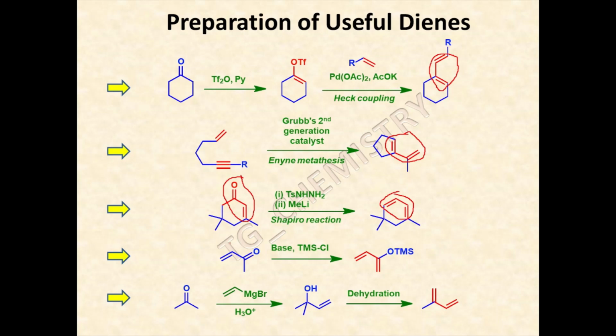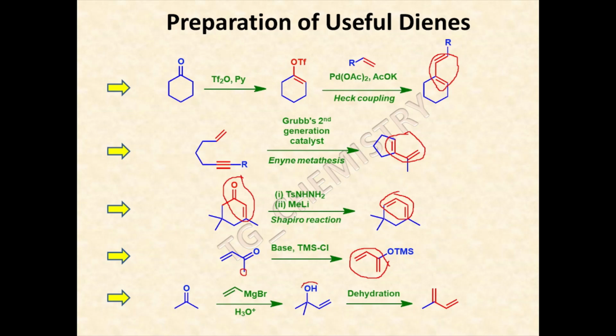When an alpha beta unsaturated ketone, an acyclic system having a methyl group over here adjacent to the carbonyl group, is treated in presence of base and TMS chloride, that can form eventually an S-cis diene system, which will be useful for the Diels-Alder reaction.